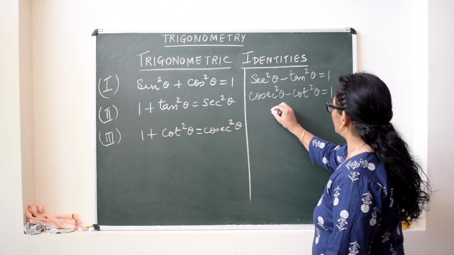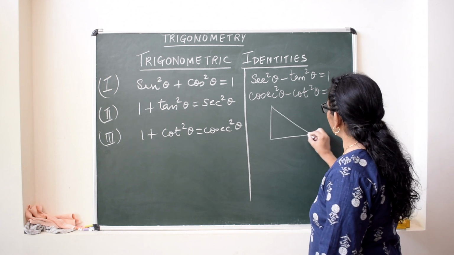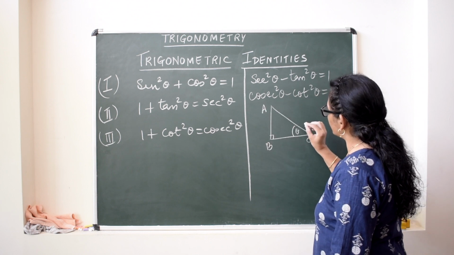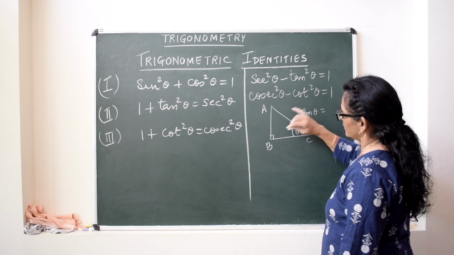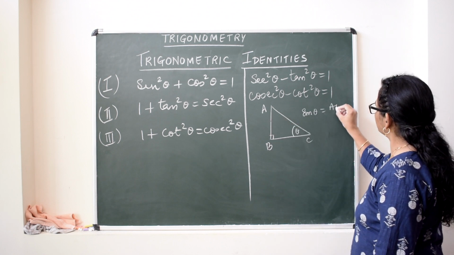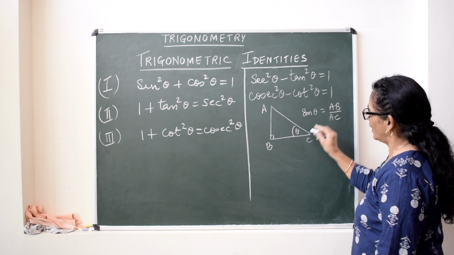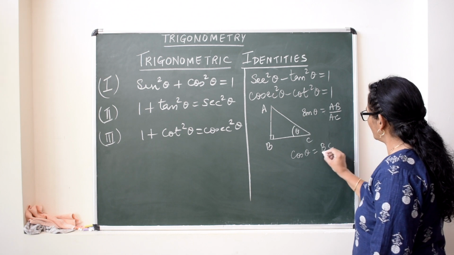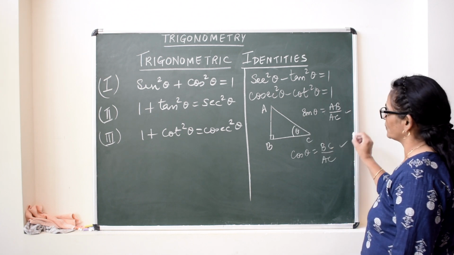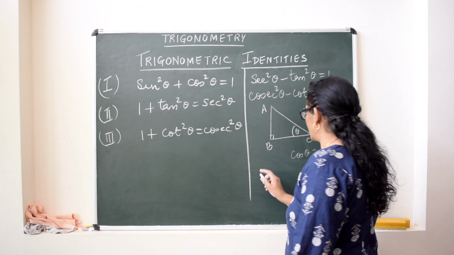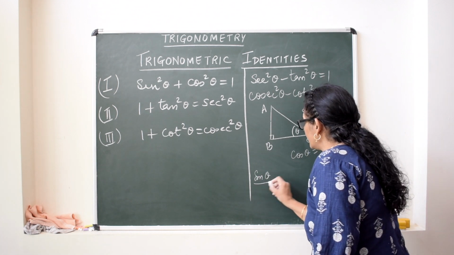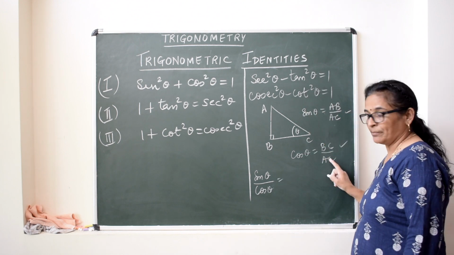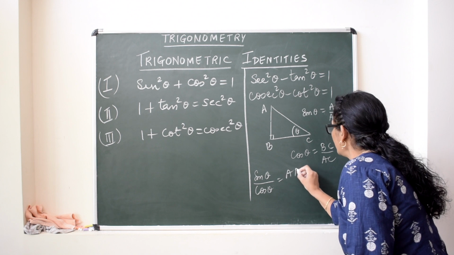We can also see the other relations. One very important relation is between sine, cos and tan. In this right angle triangle, for this theta, sine theta is AB upon AC and cos theta is BC upon AC. If we divide these two, sine theta by cos theta will give us AB by AC divided by BC by AC.